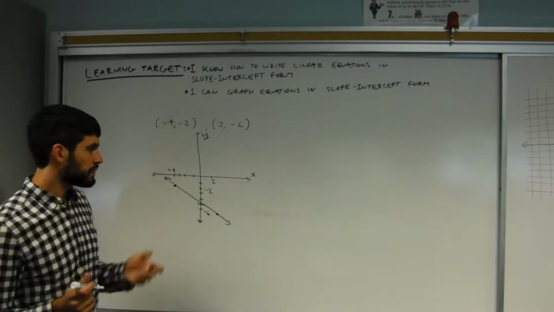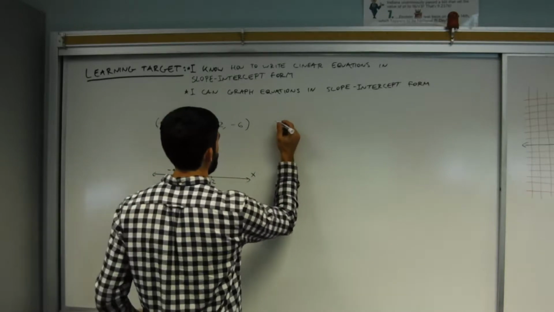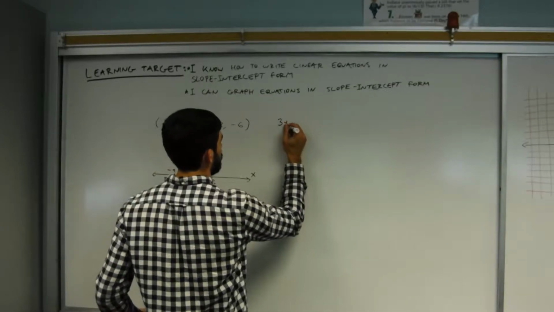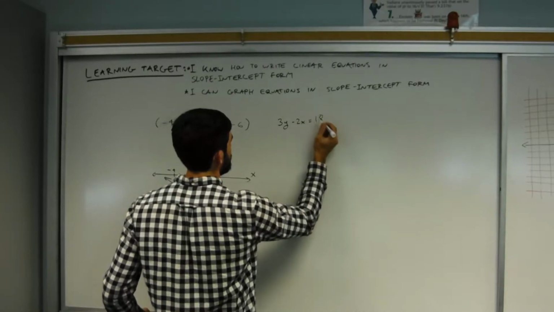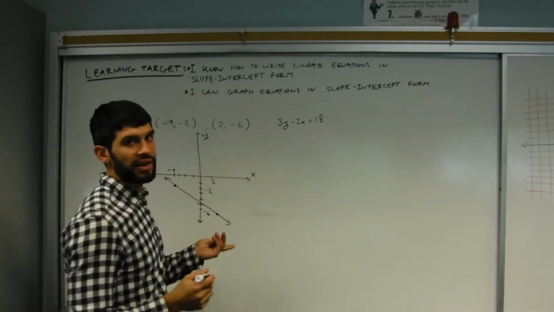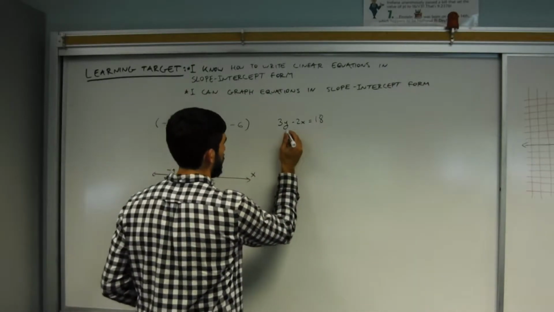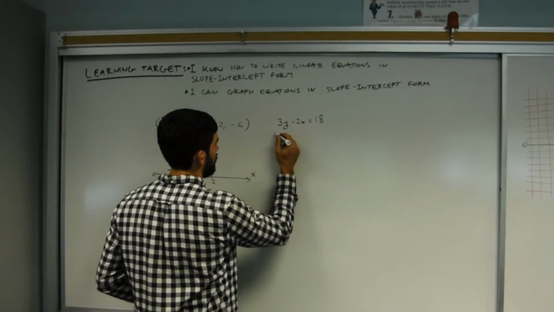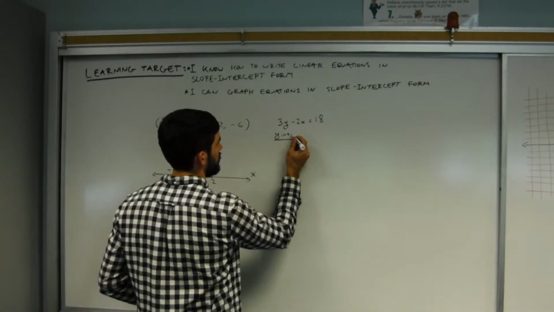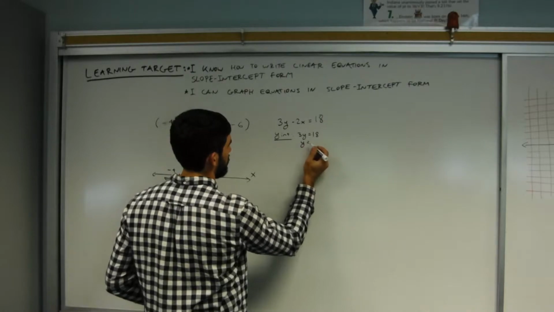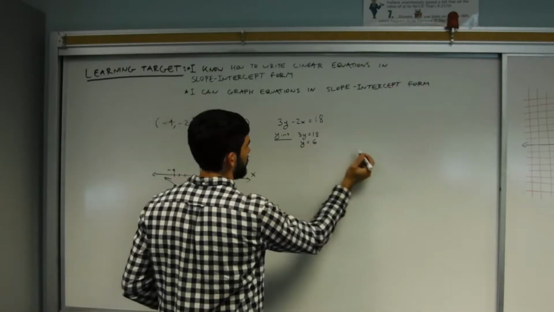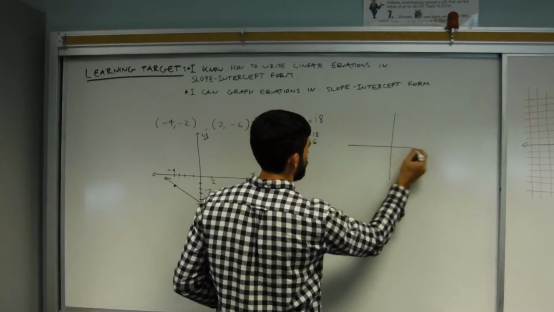And then we also learned another method. Say we have 3y minus 2x is equal to 18, we can find the x and the y-intercepts. To find the y-intercept, we plug in 0 for x. So we get 3y is equal to 18. Our y-intercept is equal to 6.